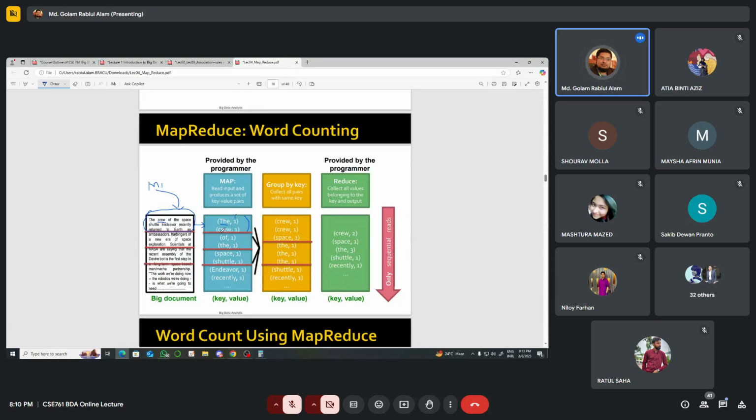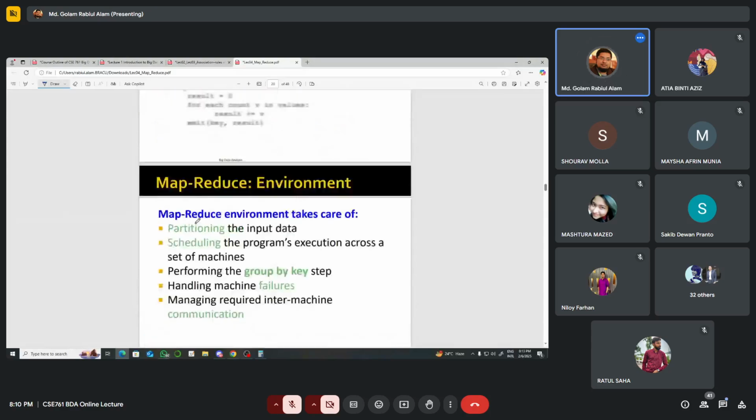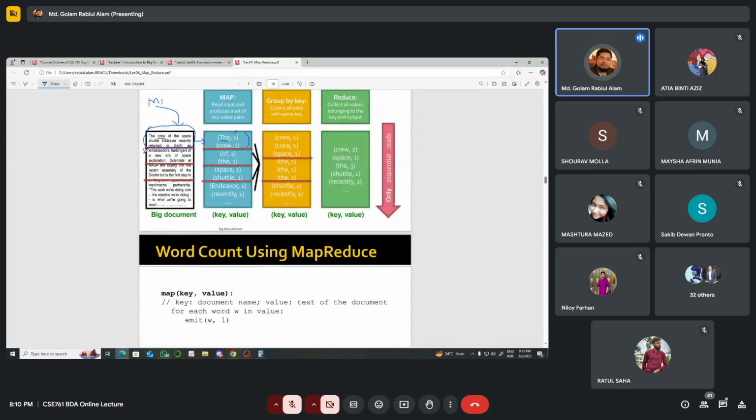So key value pairs. Similarly, this part of the document is also a huge document. It will reside on M2, which is another machine. From the map operation, it will find that here is off one time, and the one time.